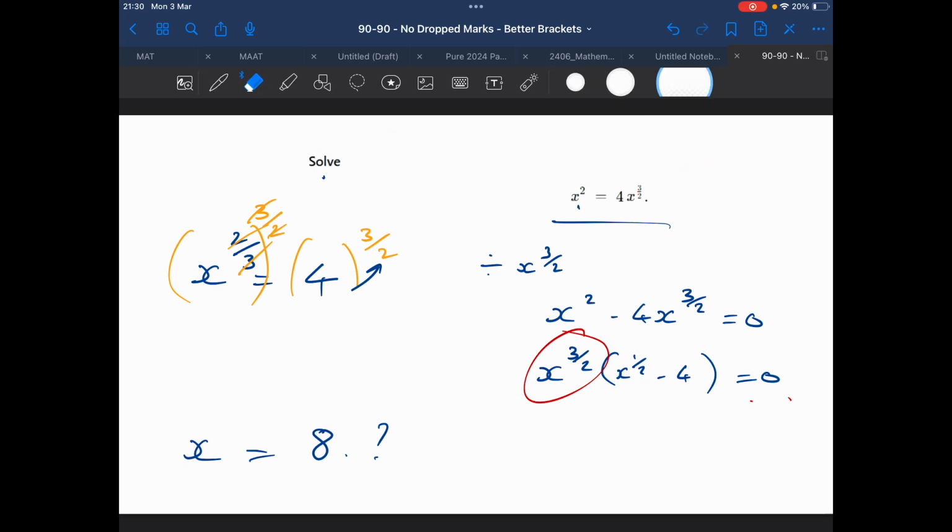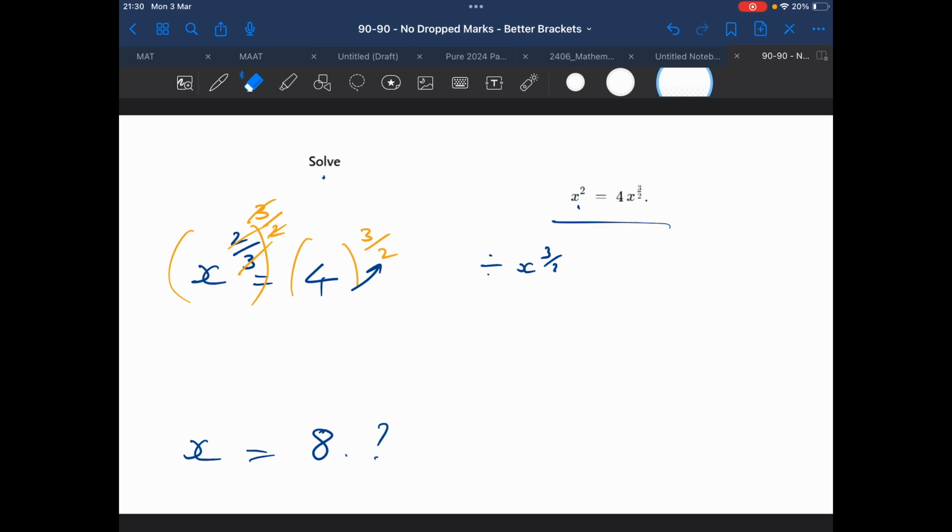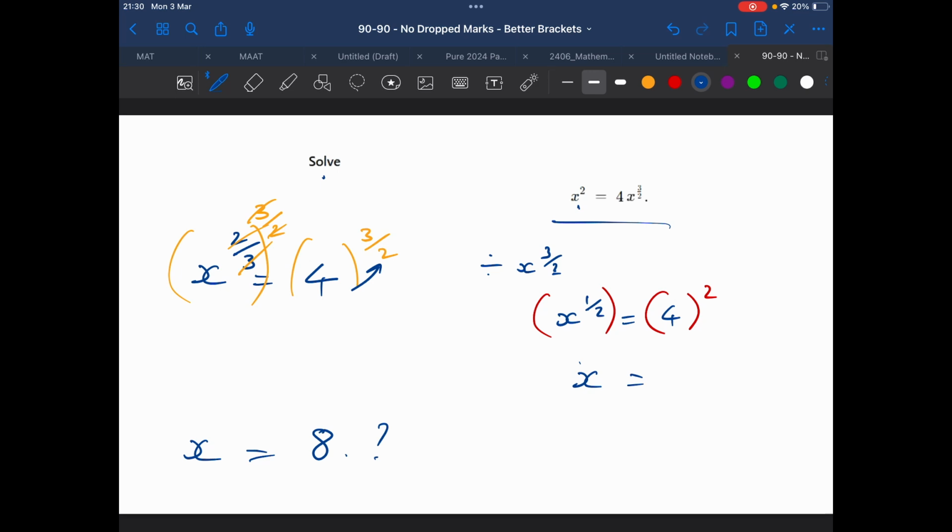Okay, so on this question here, it's possible that x could be equal to 0, but we're going to explore the other case. So let's jump into it. We're going to divide by x to the 3/2 on both sides, the smaller power, and that's going to give us x to the half equals 4. Well, if we use the trick that we just talked about, squaring on both sides, that's going to mean that the answer is x equals 16.